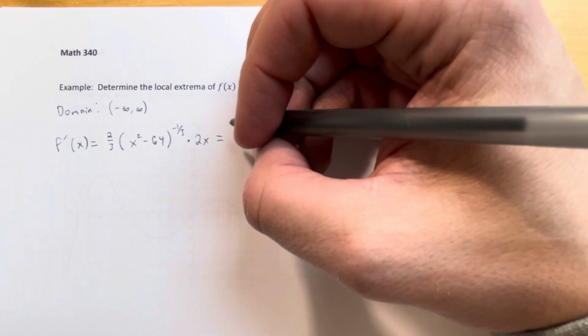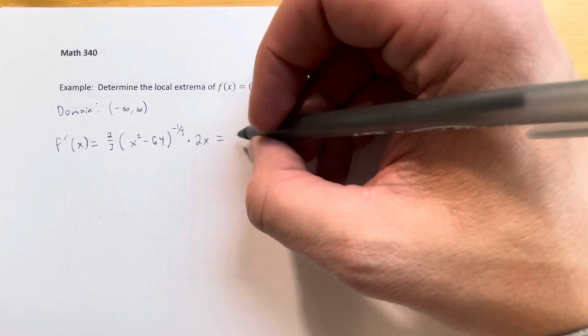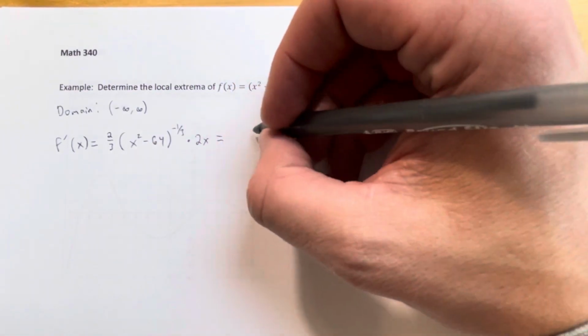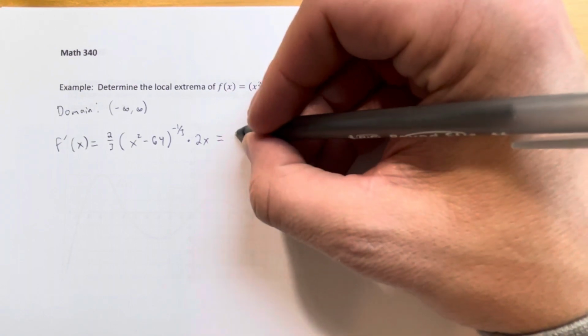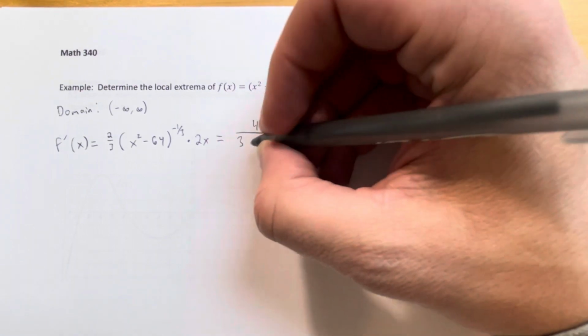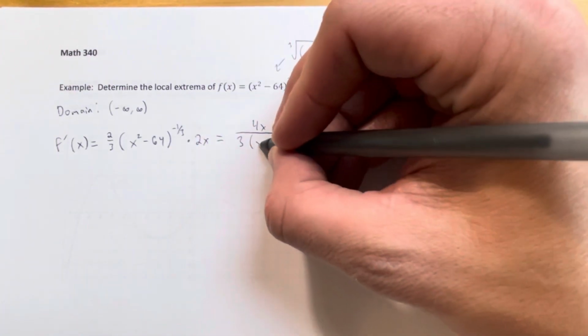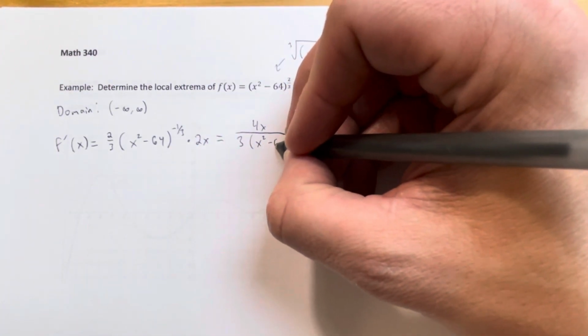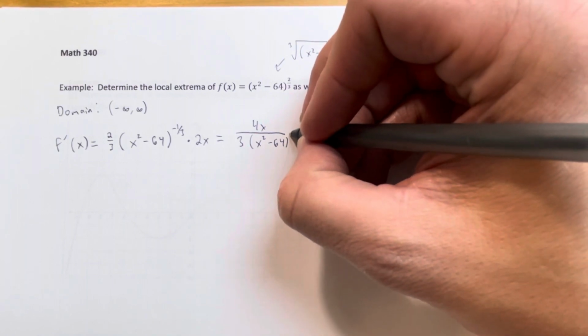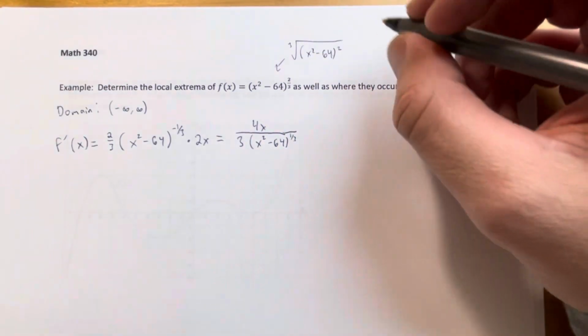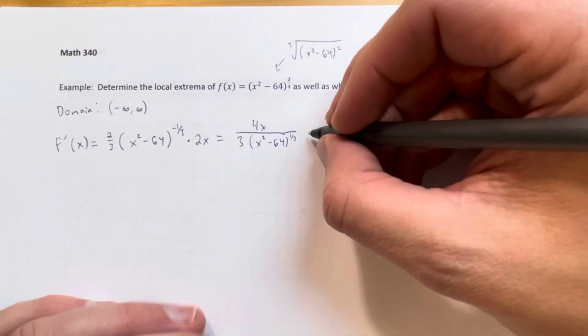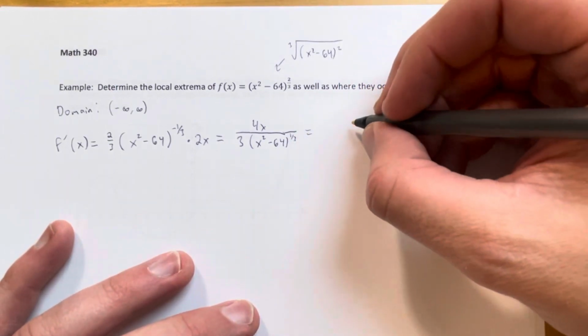Let's simplify that a little bit. So 2x times 2/3 is 4x over 3. But let's take the 4x and put it up there, and the 3 down here, because now I'm going to use my negative exponent to write this as x squared minus 64 to the 1/3 power. Okay? I can do one more little thing to help with this.